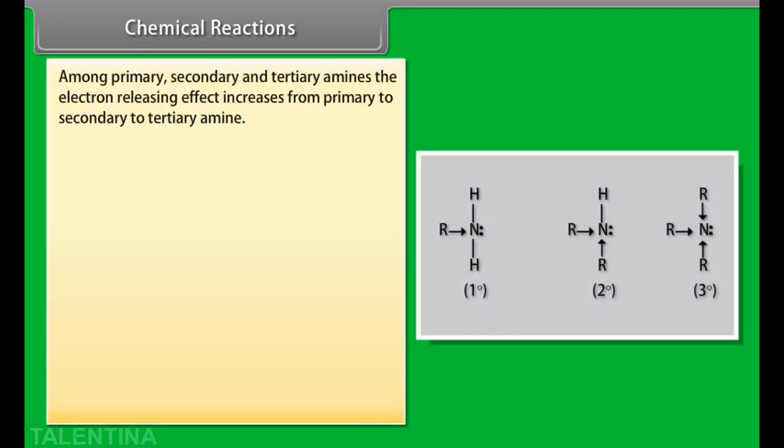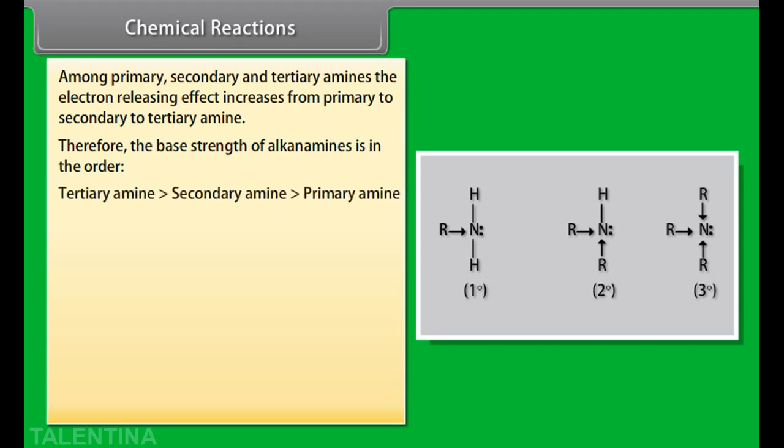Among primary, secondary and tertiary amines, the electron releasing effect increases from primary to secondary to tertiary amine. Therefore, the base strength of alkanamines is in the order tertiary amine, followed by secondary amine, followed by primary amine. This order of basic character of alkanamines is true in the gas phase.